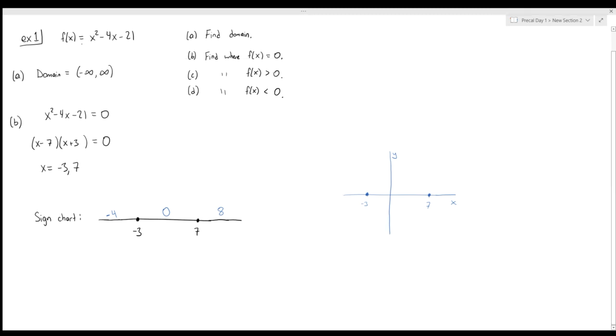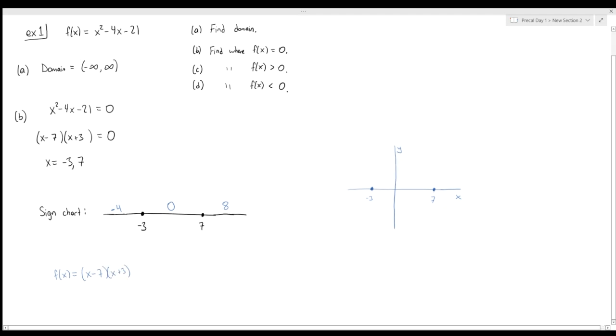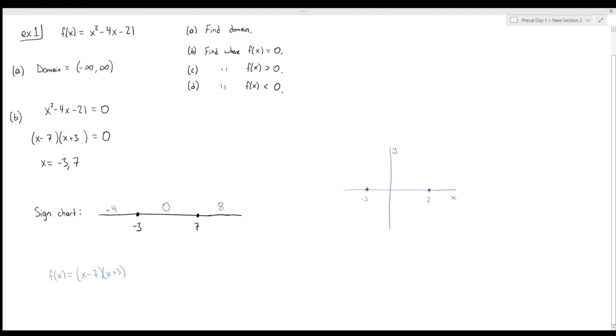Okay, so we're going to plug these test points into our function. And usually at this point, I think it's easier to use the factored form of the function for this. So I've rewritten f of x, but factored. So now let's plug in -4, 0, and 8.